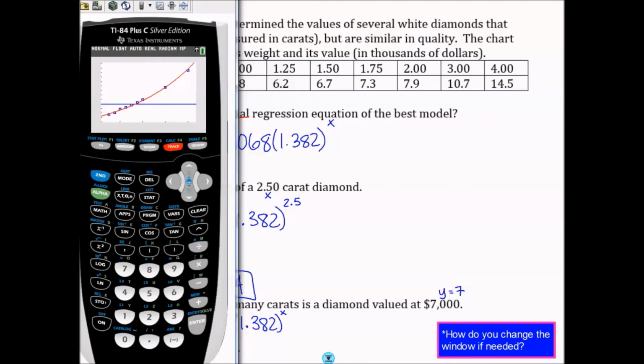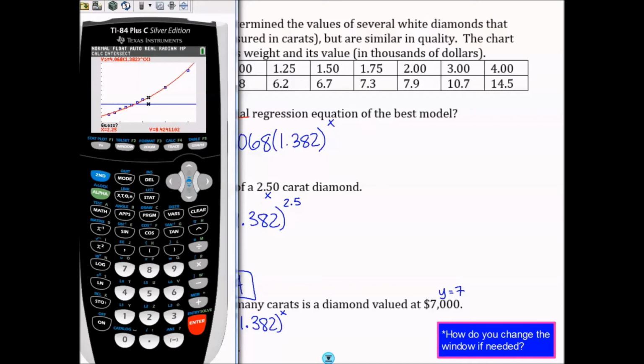So if you hit second trace, one of the options is intersect. Then it's going to ask you some questions. It asks for the first curve. You just click enter. It asks for the second curve. Just click enter again. And then it asks you to guess at what the solution is. If by chance there are two solutions, so your equations intersect at two different places, you would want to scroll toward one solution and hit enter, and then do this process again.